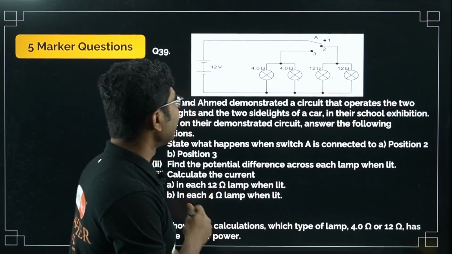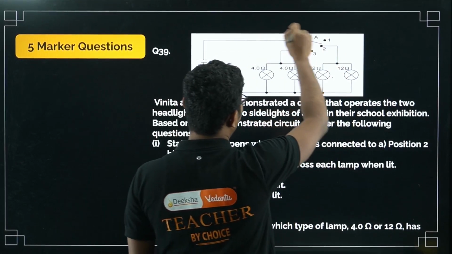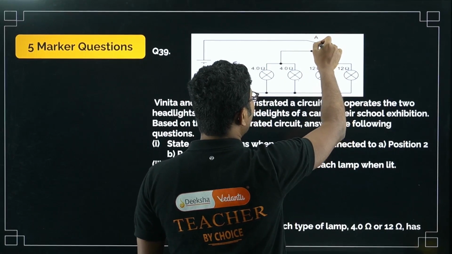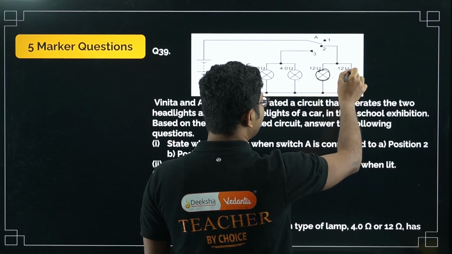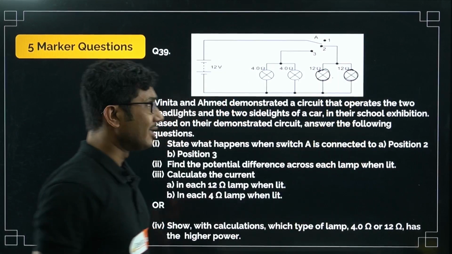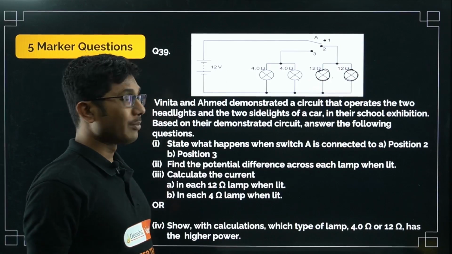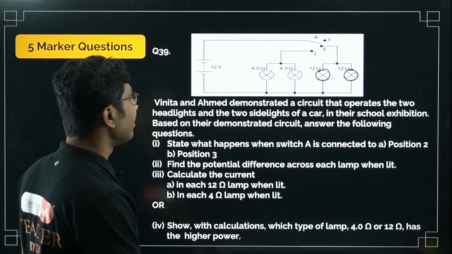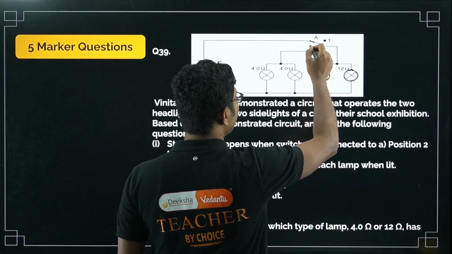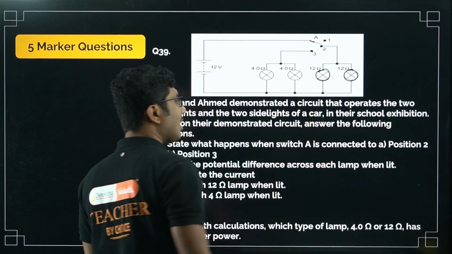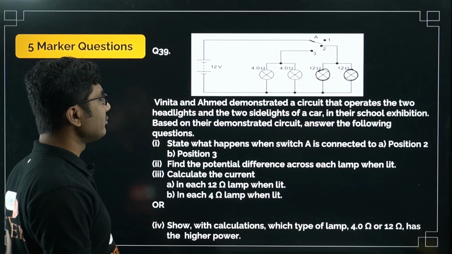So when the supply is connected to position 2, these 2 headlights, the 12 ohm headlights, are turned on, whereas when the switch is connected to position 3, only the 4 ohm lights are turned on, right? So these are the 2 positions.